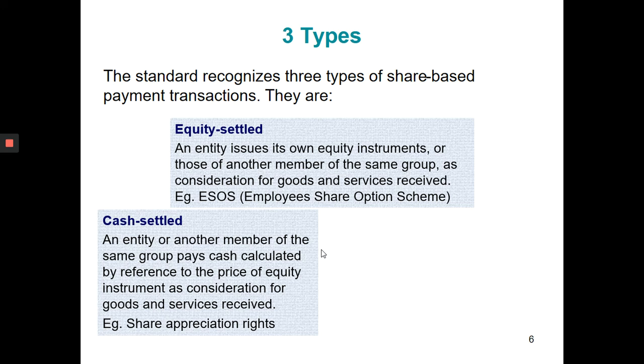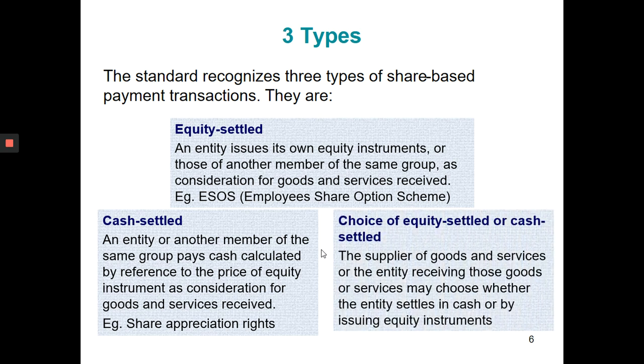If they have cash settle, at the end the employees will receive cash. Only the amount or value of the cash depends on the current price of the equity. In this example, we take it as ordinary shares. Do you see the difference? One receives shares, the other receives cash but based on the share price.